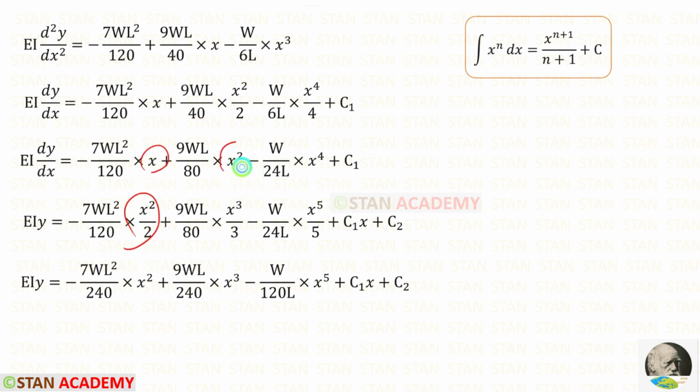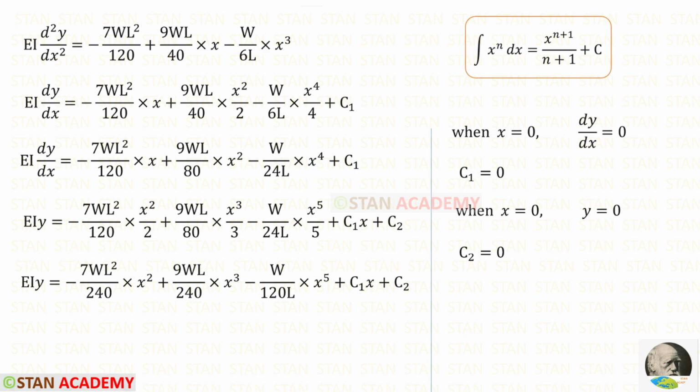When we integrate x square, it will be x cube upon 3. When we integrate x power 4, it will be x power 5 upon 5. When we integrate c1, it will be c1x. c2 is the new constant. 120 into 2, it will be 240. 80 into 3, it will be 240. 24L into 5, it will be 120L.